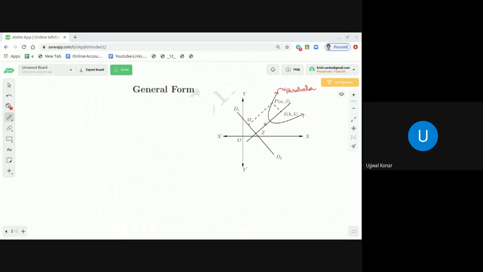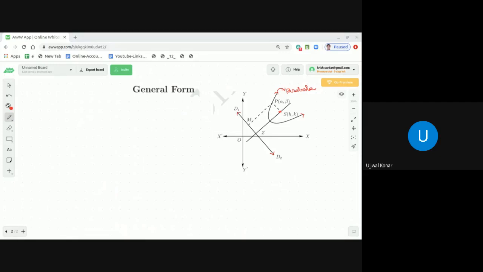Now, go through the statement we have just learned a few minutes back. S is the focus of the parabola, and let's assume that the coordinates of the focus be h comma k. And d1 d2, as you see, dear students, is the directrix of the parabola. Correct?